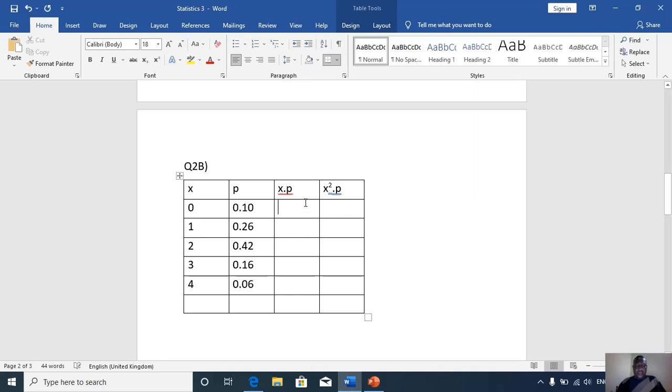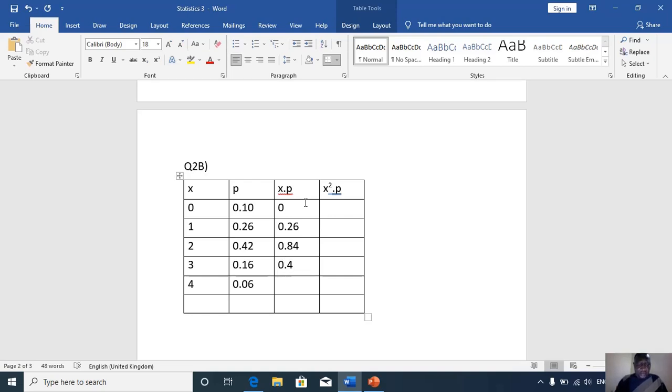So for xp, we are multiplying the x value by p. So 0 multiplied by 0.1, that's going to be 0. 1 multiplied by 0.26, you get 0.26. 2 multiplied by 0.42, you get 0.84. 0.16 multiplied by 3, that should give us 0.48.